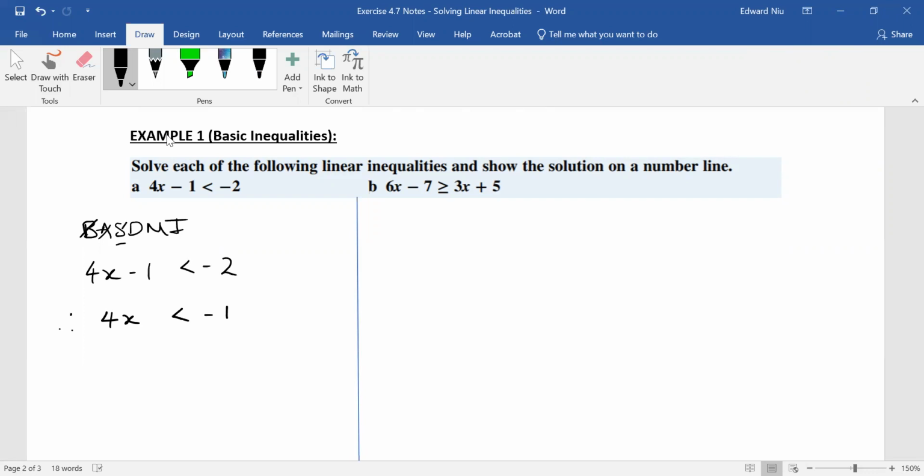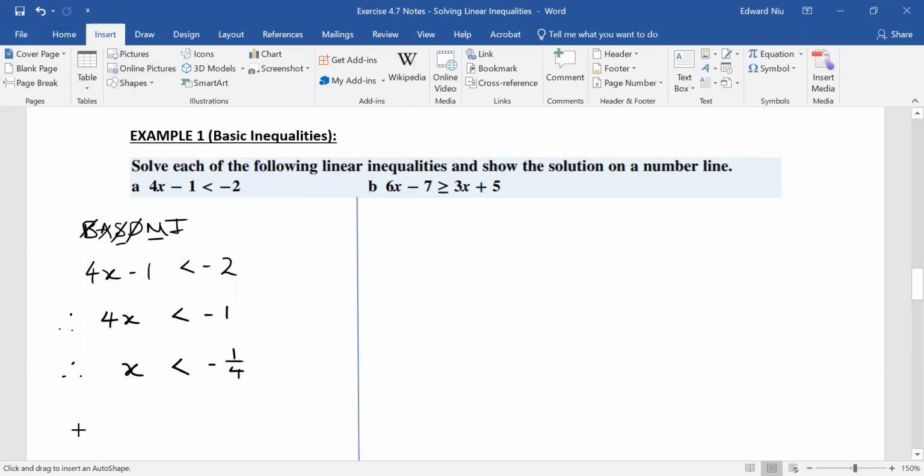Now we can scratch out the S. We don't have any division, but we do have a multiplication, where we've got 4 times x on the x side of the inequality sign, which means we need to divide both sides by 4, and we have x is less than -1 divided by 4, which is -1/4.